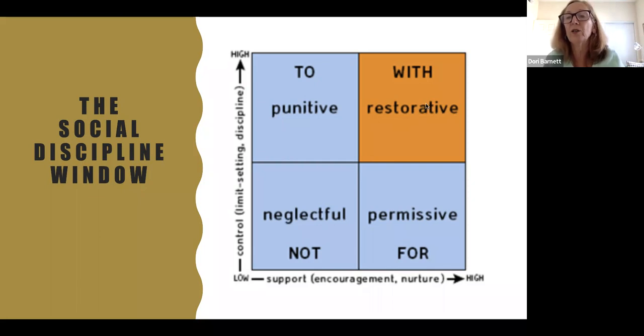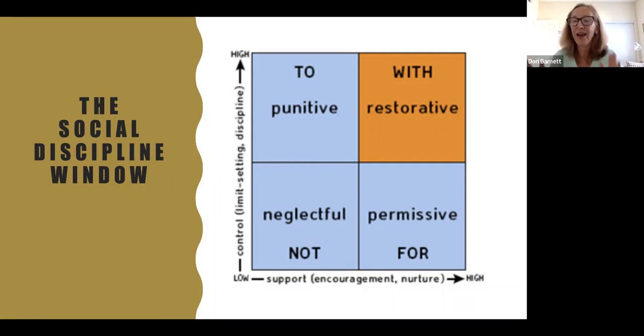Where we want to strive to be is the upper right-hand corner. This quadrant is the with box, going back to that restorative hypothesis. This educator is caring and encouraging with students, believes in them, says you can do it. Here are the resources, here's the support, but they also have limits. They also have control. They're not going to just let students run wild and do whatever they want.